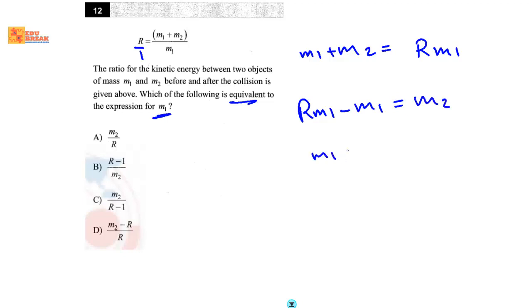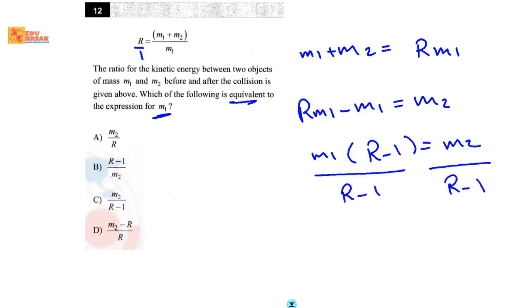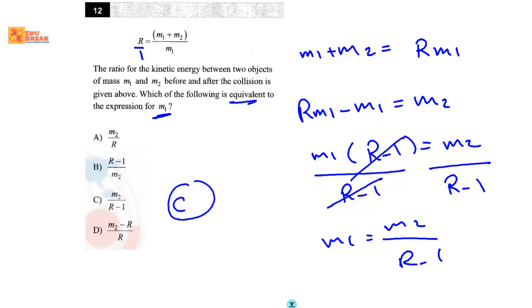Take m1 as a common factor, so we have r minus 1 times m1 equals m2, divided by r minus 1 for both sides. Then write down m1 equals m2 over r minus 1. So the answer is C. Okay, next one.